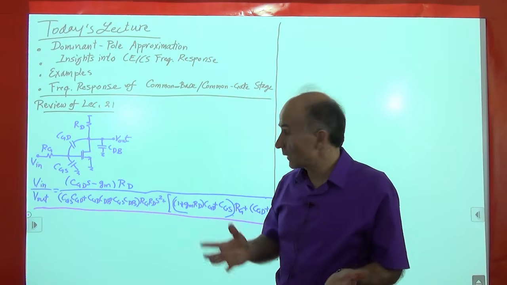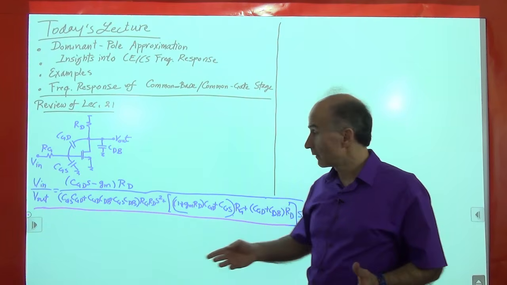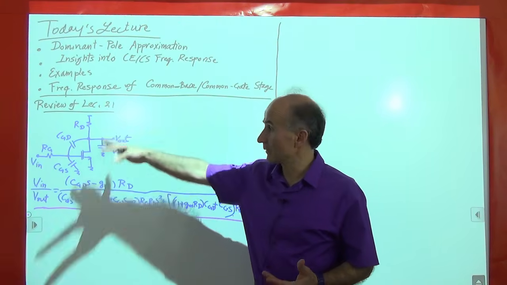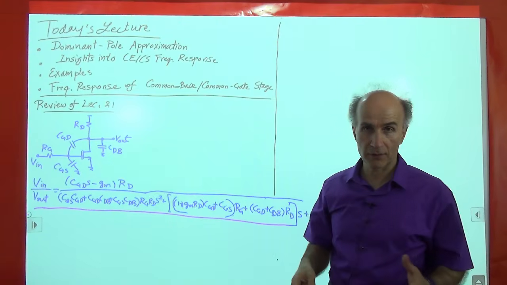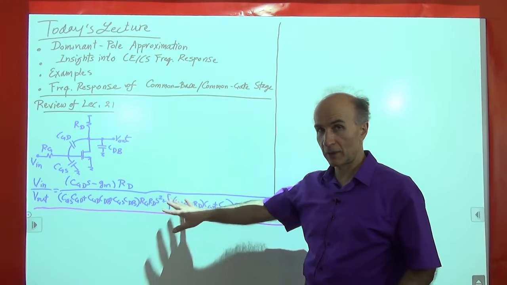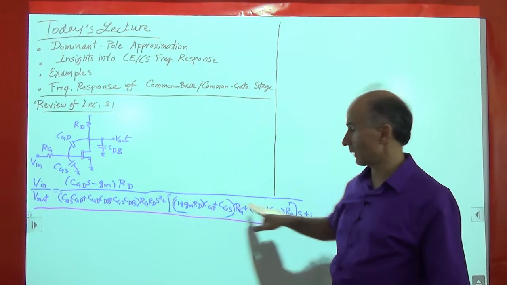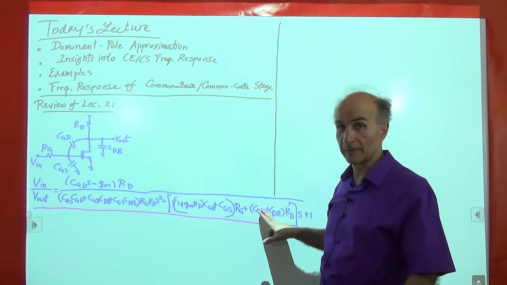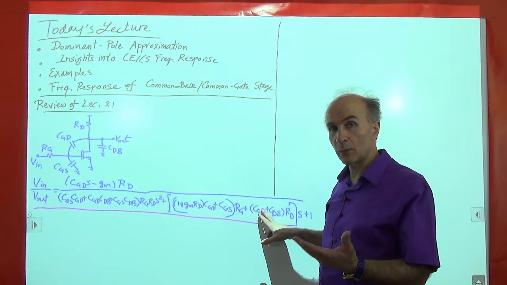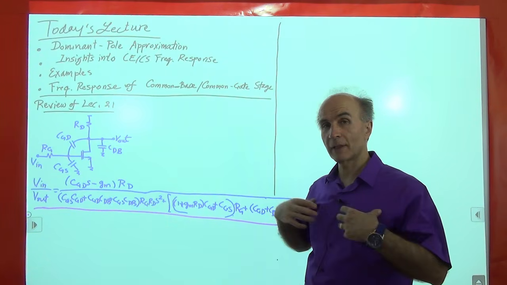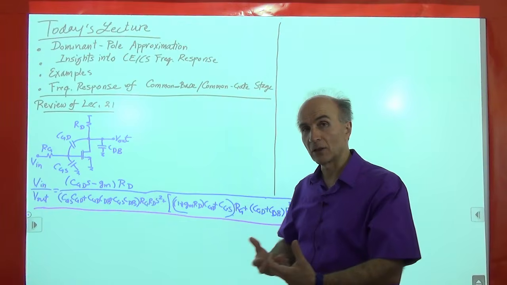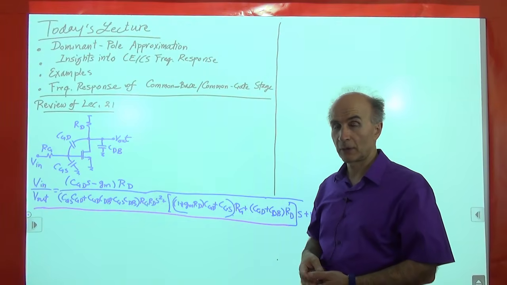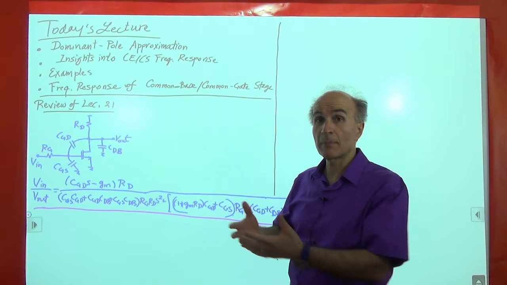Okay, so now if we do have numerical values for these capacitances and resistances and the transistor parameters and so on, sure, we can plug them in here. We have a quadratic equation. We can find the 2 pole frequencies, right? Not a big deal. But that's not what we are really looking for. We want to have some intuitive understanding of the limitations of the circuit, because we may not even have picked the numbers yet, right?